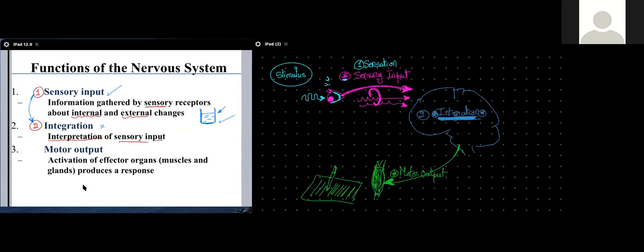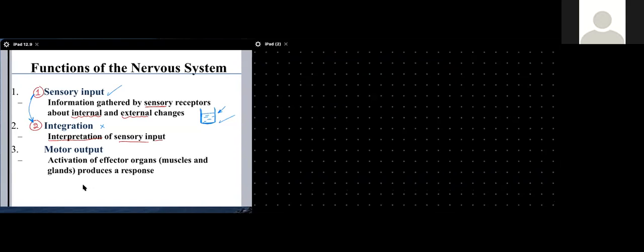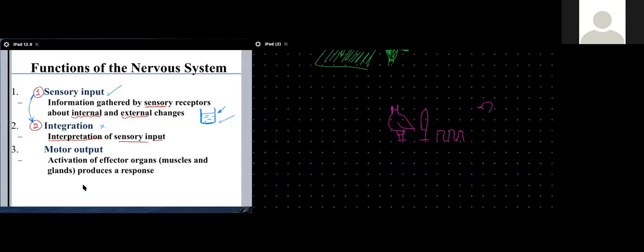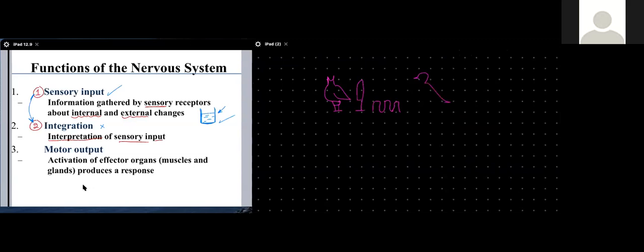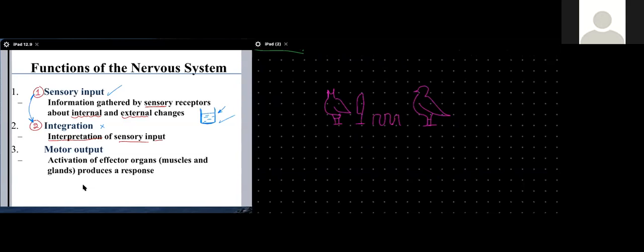So for example, if I'm writing down something like this, can you see what I'm writing down on here?